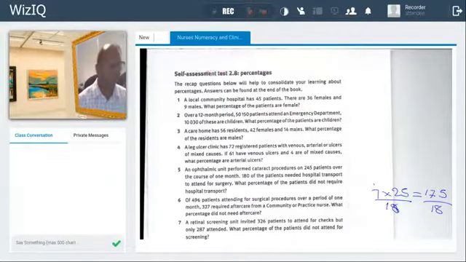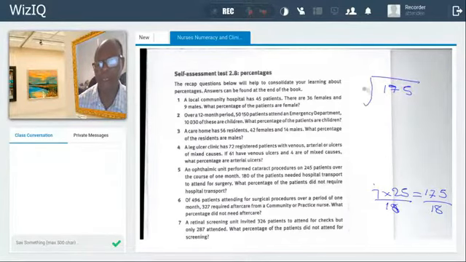Just remember that because you are not allowed to use the calculator at the moment, we have to rely on finding different ways of working out the answers. So we're going to have 175, and we're dividing by 18.